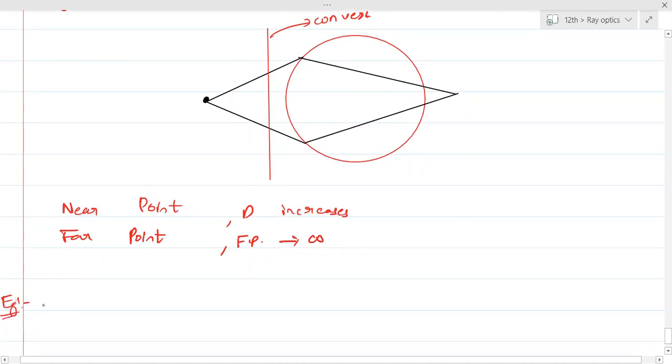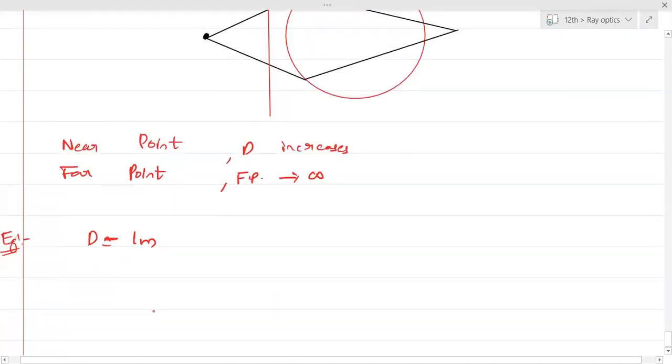Okay? So which example will we take? Take an example. Let's suppose I'll say that near point D is equal to 1 meter. What is near point D? 1 meter. Far point doesn't change. Far point is the same. Okay?